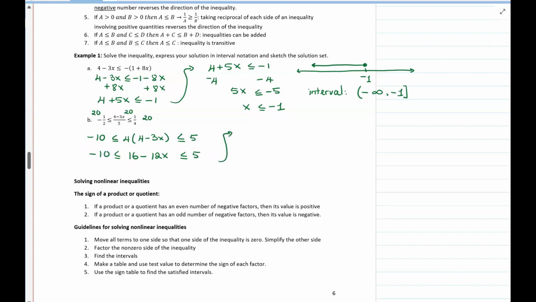With inequality, when I add or subtract to one of the terms, I have to do it to every one. So here, let's go ahead and subtract 15 from all three sides.